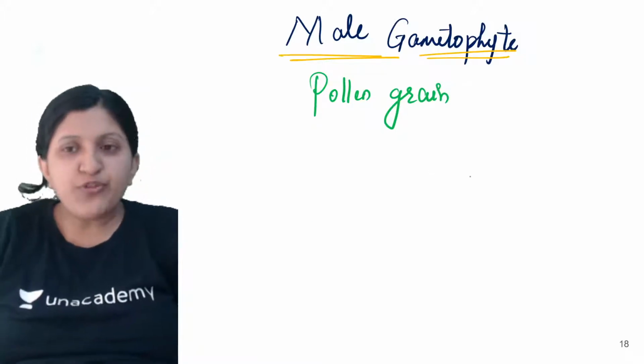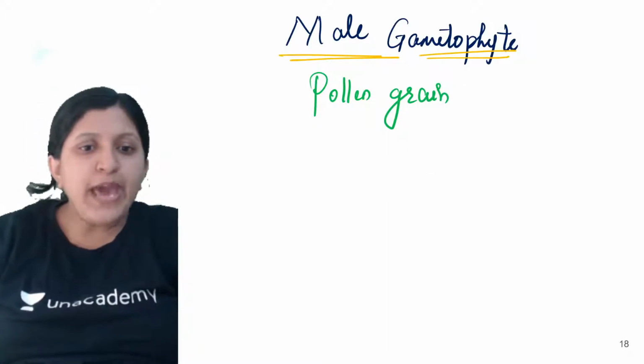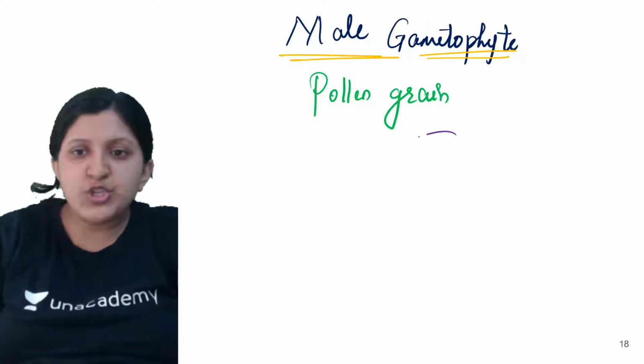The male gametophyte is the pollen grain, where you can see there is a tube cell.